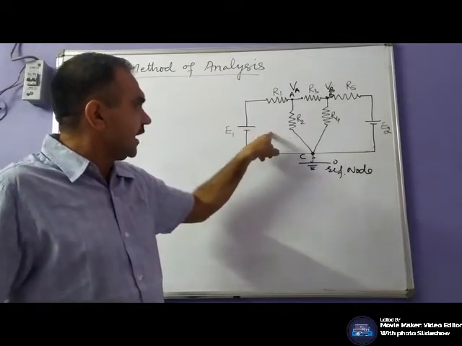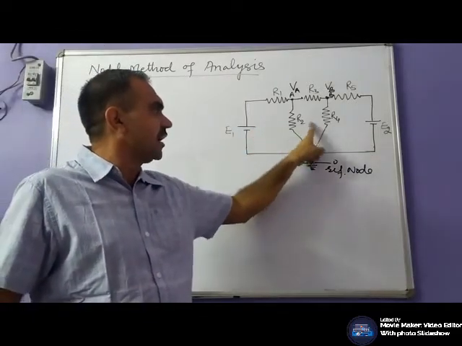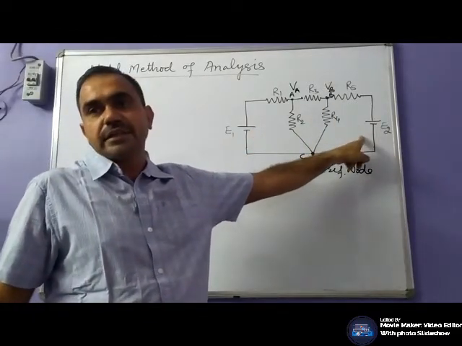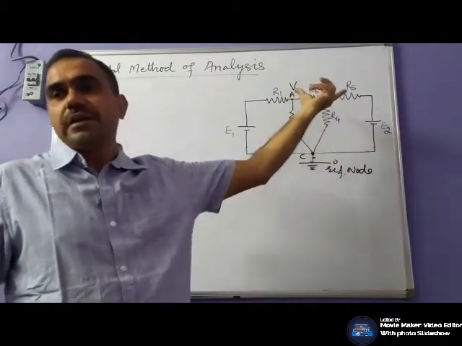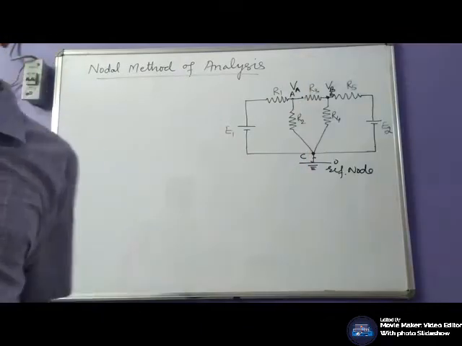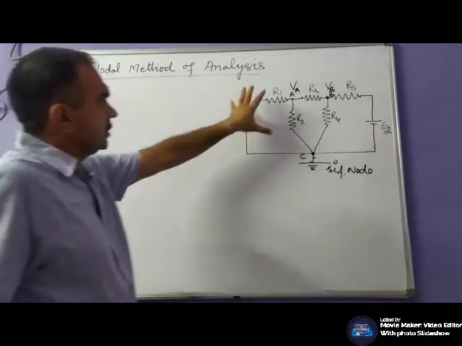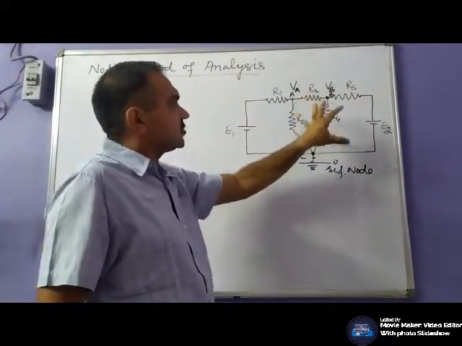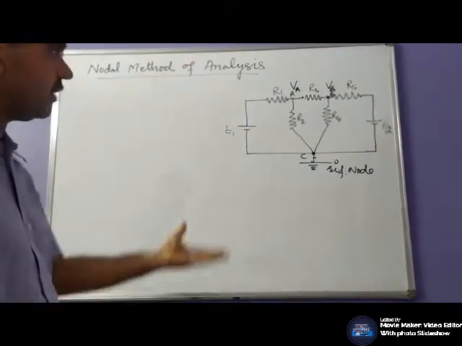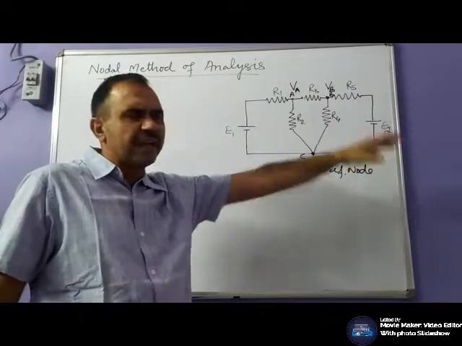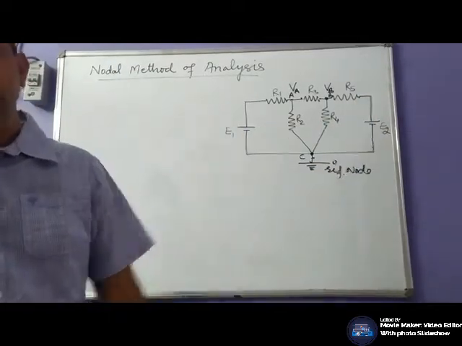If we use loop currents, you will have three equations, for I1, I2, I3. Now here you have to solve only two variables, VA and VB. So how will we make the equations, or how will we find these node voltages? Once you have found the node voltages, you can find the branch currents.